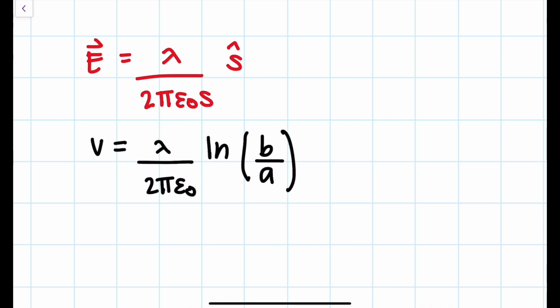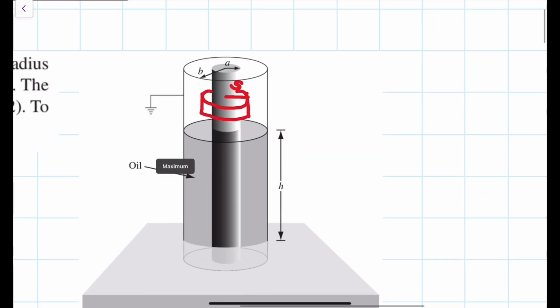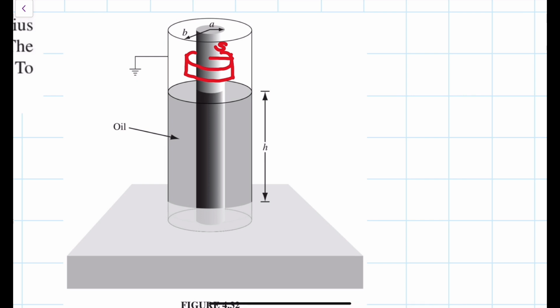Now for the part that has the oil in it, we can still use a Gaussian surface, but because there is oil there, we can't use the same equation.